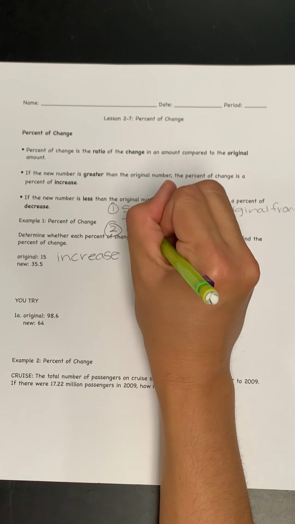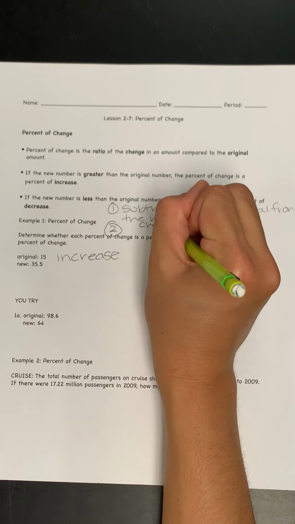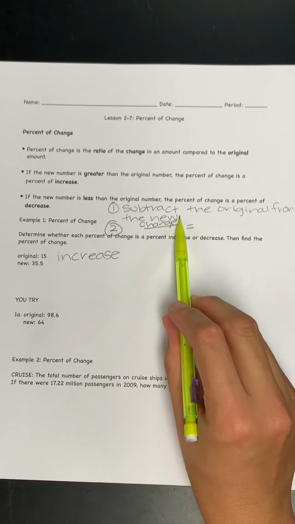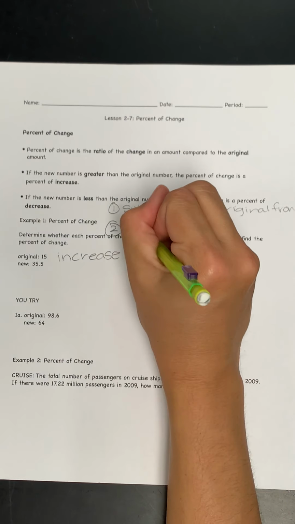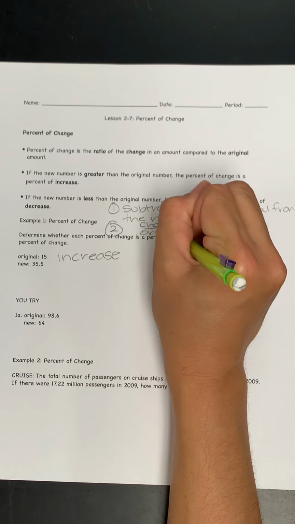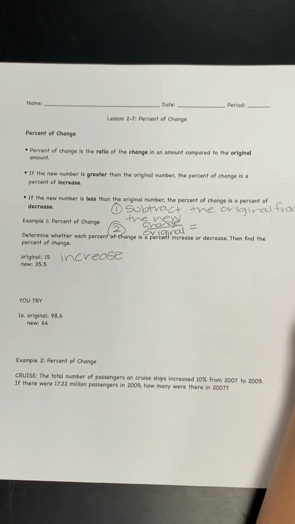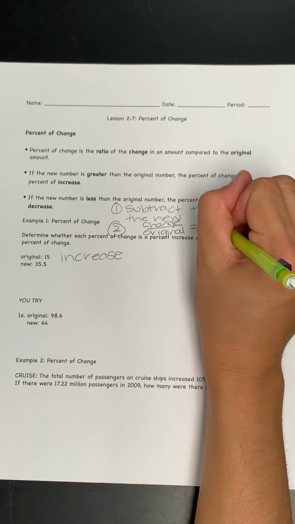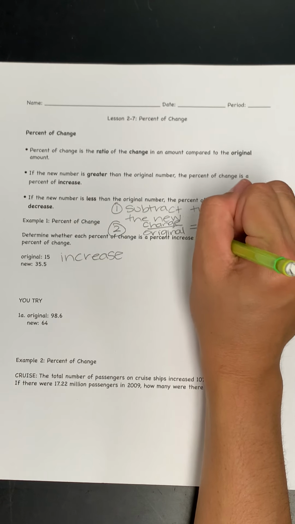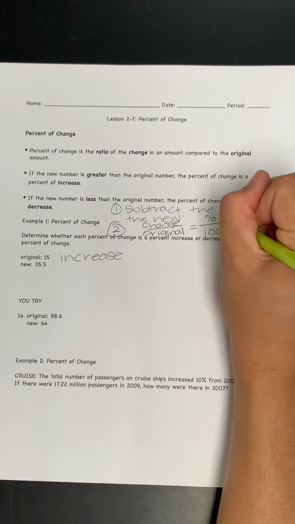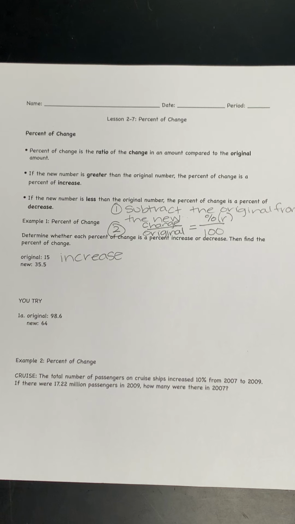It's going to be the change, so really what you did for step number 1, change over original equals, and because we're working with percents, percents are out of 100. What we use to represent percent is the letter R, meaning rate. So now that we know the formula, we're going to go ahead and try this out.